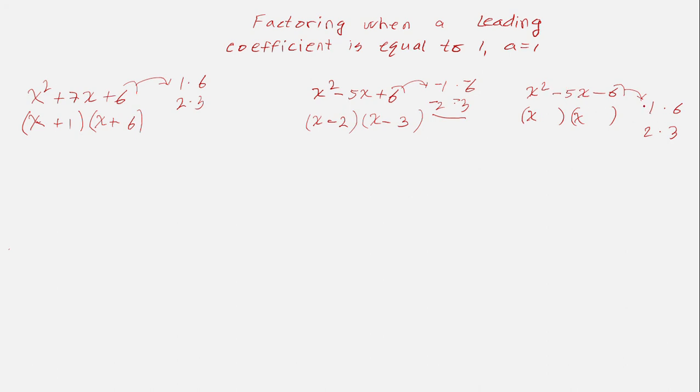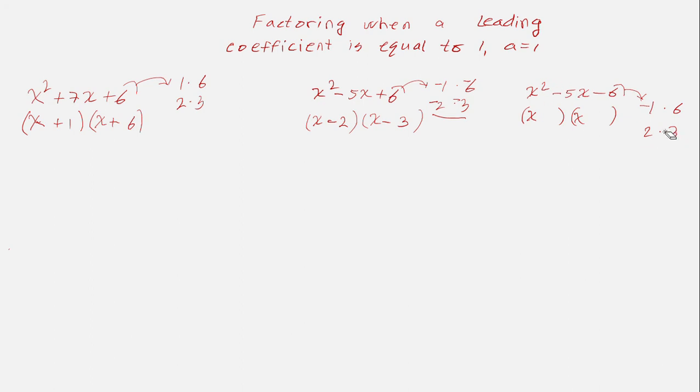Well, if we have, let's say, negative 1 and positive 6, that will give us positive 5. If we have negative 2 and positive 3, that will definitely not give us negative 5 when added together. And if we have negative 3 and positive 2, that will again give us negative 6 when multiplied, but when added together, it's not giving us negative 5.